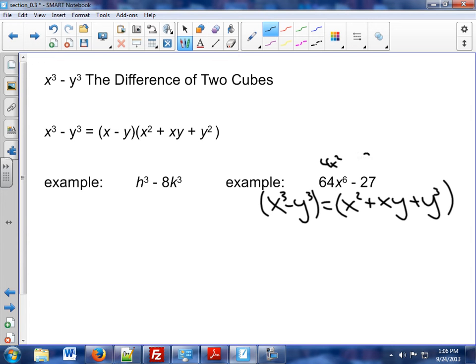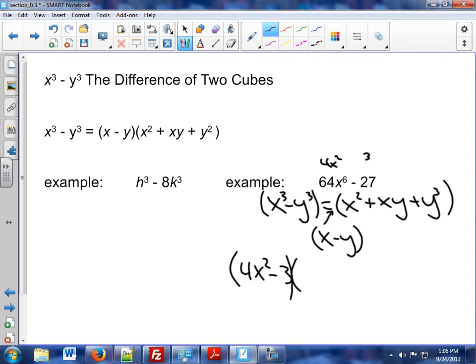And this would be 3. Well, I did make a mistake on the formula. Why didn't you tell me? That's got to squeeze in there. Let that one slide on me. So now I have 4x squared minus 3.